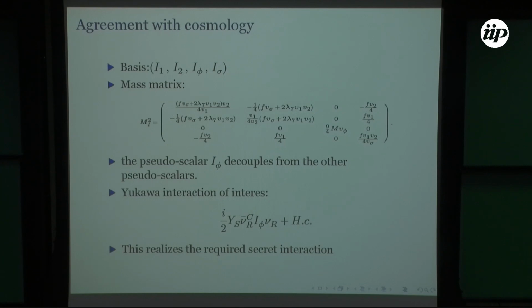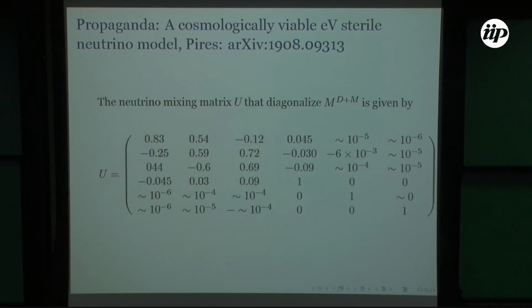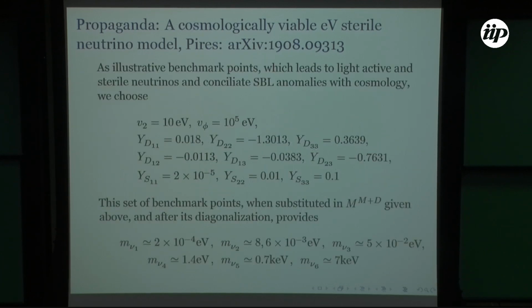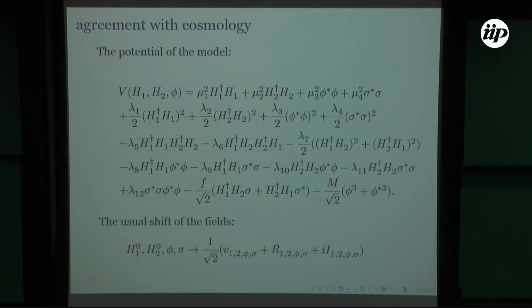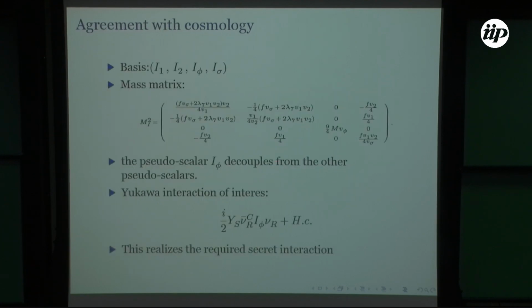And perceive that in order to explain the mass of the neutrino, you have 10 to the minus 5. Okay? So, in fact, this secret interaction is in agreement with the secret interaction necessary to evade the cosmological constraint on sterile neutrino.